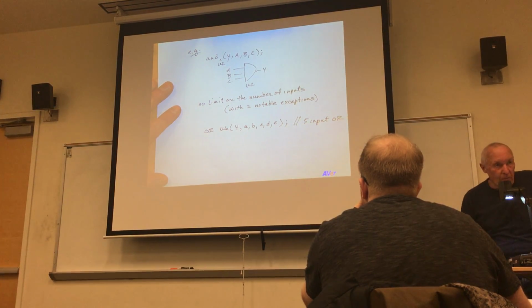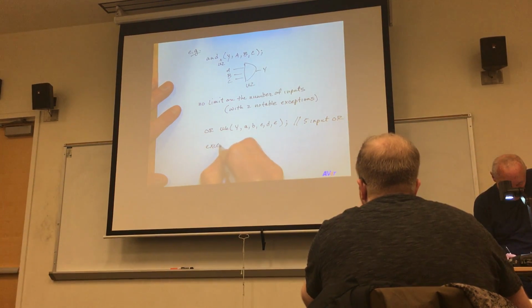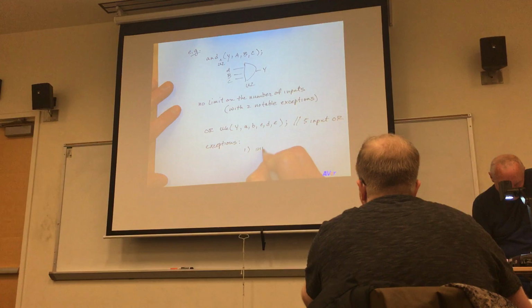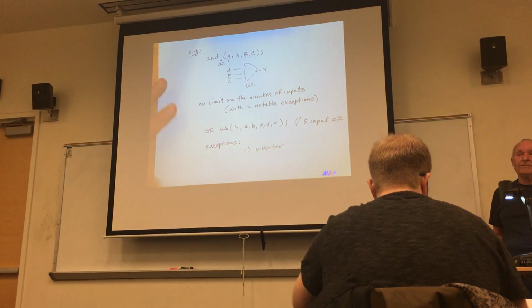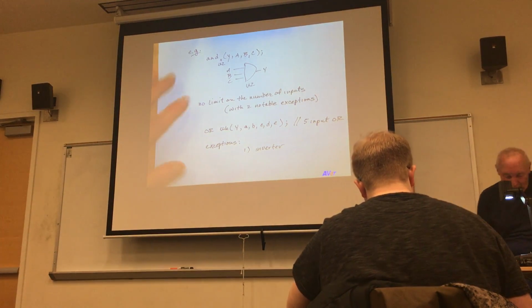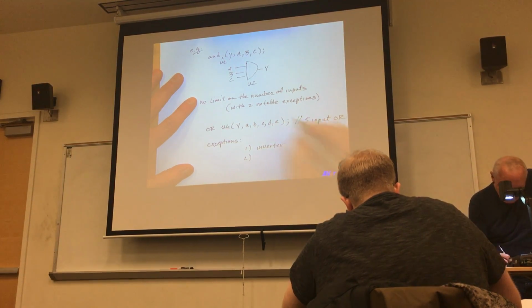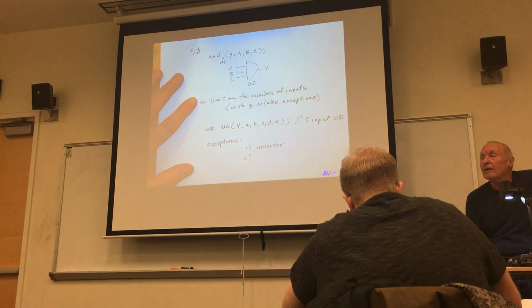Now, what are the two notable exceptions? An inverter. Obviously, an inverter only has one input. What's the other exception? Well, I guess there's 3 exceptions.